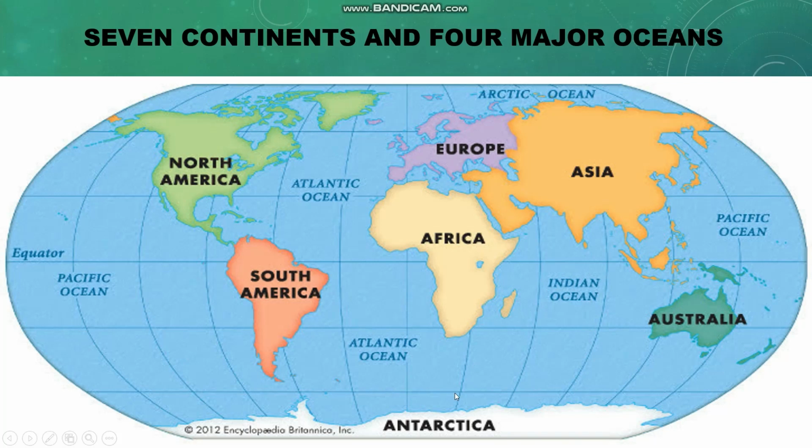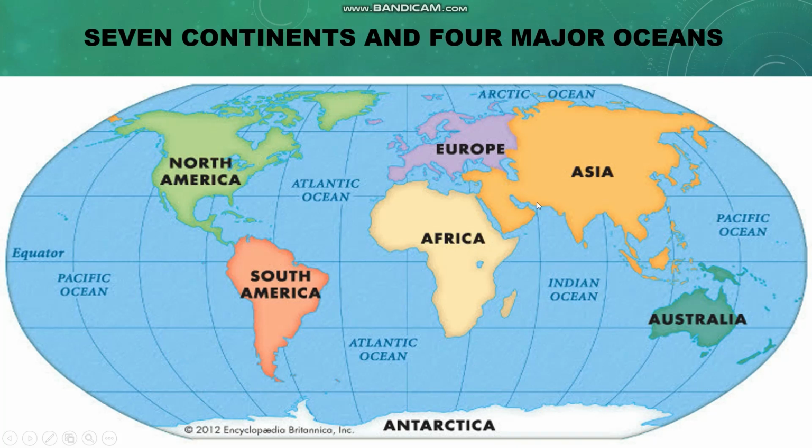There are 7 continents, namely North America, South America, Africa, Europe, Asia and Australia, and the last one is Antarctica. Asia is the largest continent in the world and Australia is the smallest continent in the world.